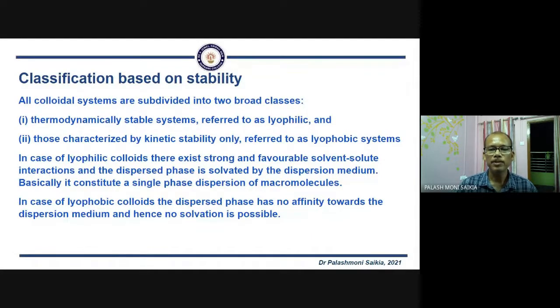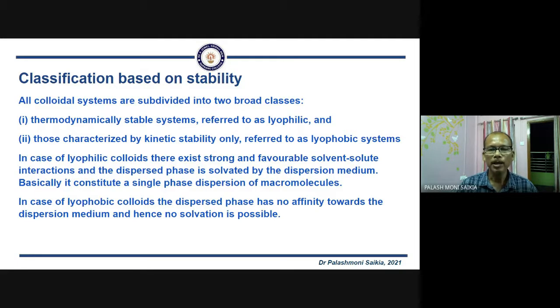The molecules of the dispersion medium surround and entrap these dispersed particles. As a result, we have a single dispersion of macromolecules. If you see examples of lyophilic colloids, basically they are polymers, be it proteins or gelatins, so they are polymeric in nature. So we have a dispersion of macromolecules, and that is why they are thermodynamically stable.